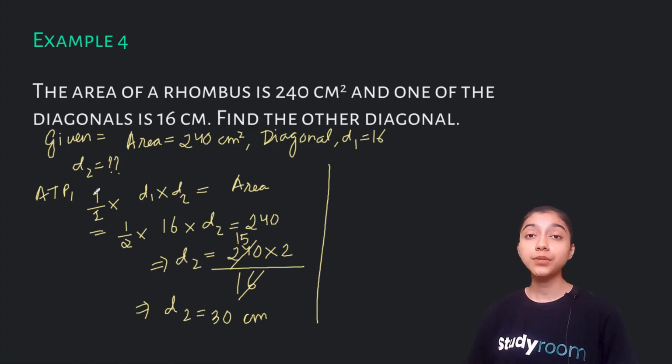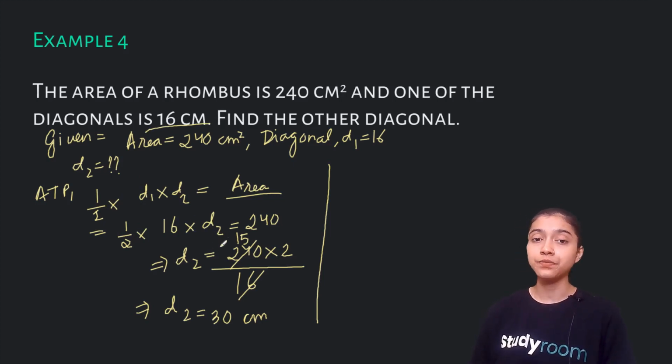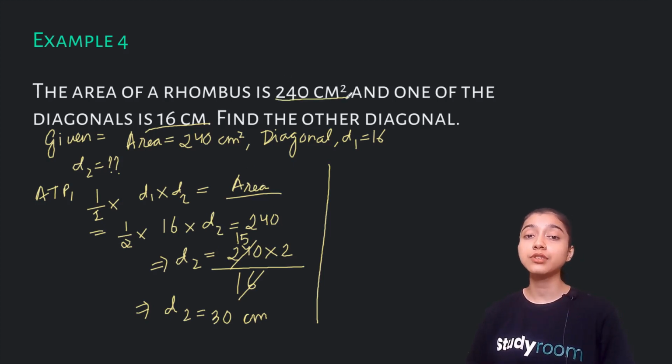So according to the problem, we know that the area of the rhombus is half multiplied with the product of the diagonals, that is D1 into D2. This gives us the area. So we'll be putting the value of area and diagonal D1 in this equation. That is half multiplied with diagonal 1 is 16 centimeters and diagonal 2 is unknown. We have to find this diagonal. So I'll be simply writing D2 is equal to the area of the rhombus, which is equal to 240 centimeters square.